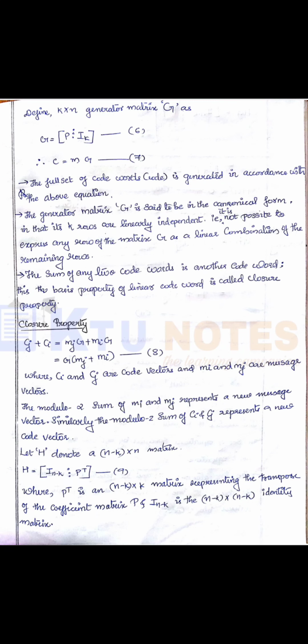So some changes for I and P. So G is equal to [P I_k], then H is equal to [I_(n-k) P transpose]. So the identity matrix has size n minus k.